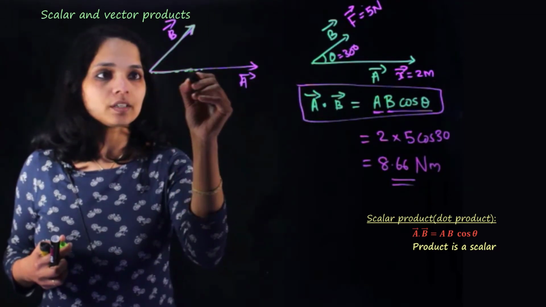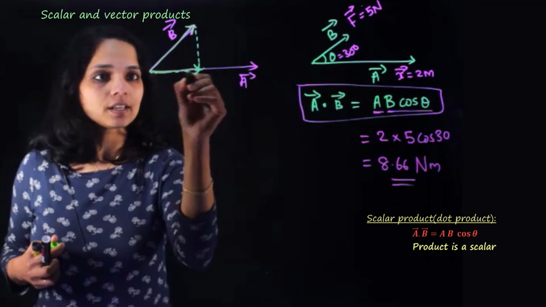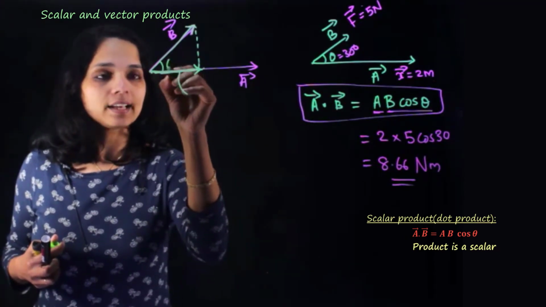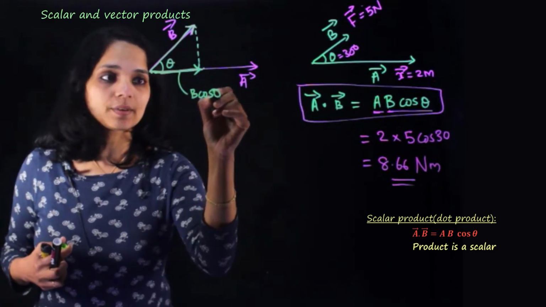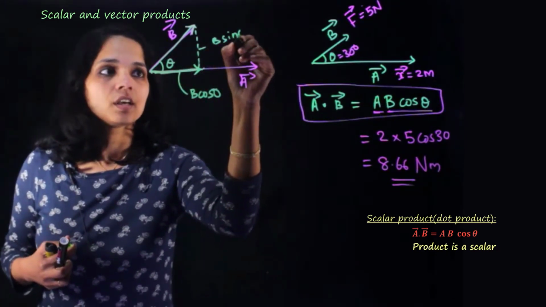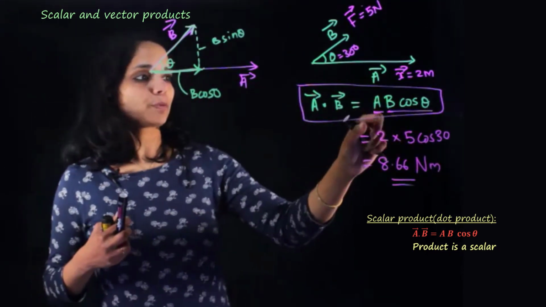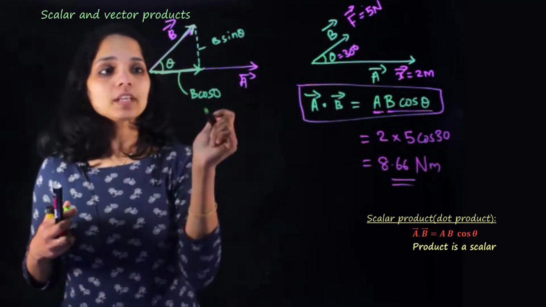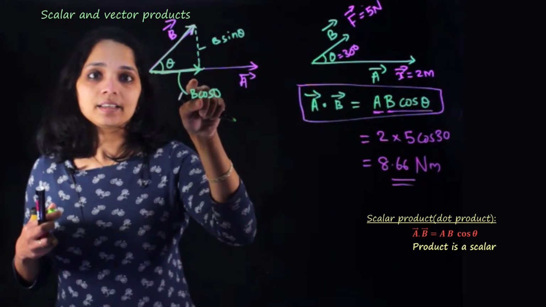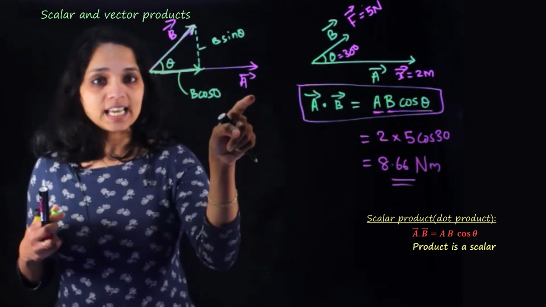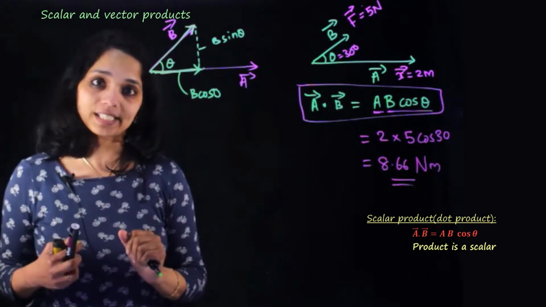So this is one component and this is the other component. If this angle is theta, the adjacent component is B cos theta, and this is B sin theta, which is not relevant here because we're looking for B cos theta. So basically this dot product is the vector A times the projection of vector B onto vector A, or the first vector, vector A, times the component of vector B in the direction of vector A.